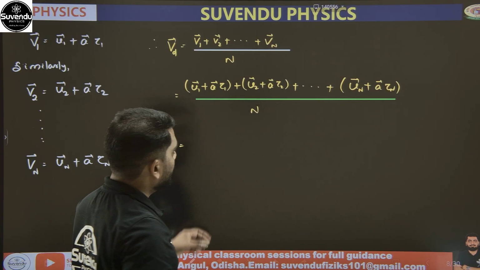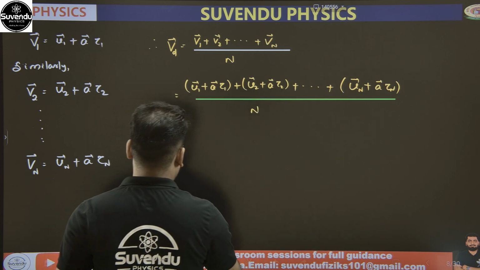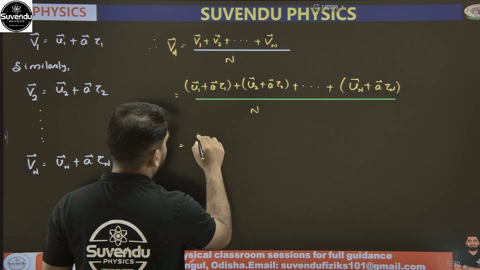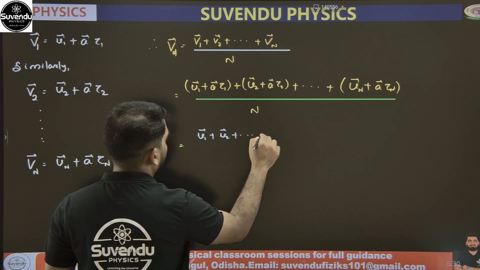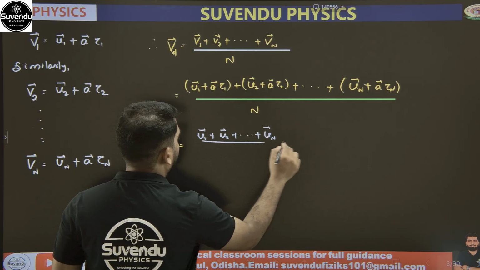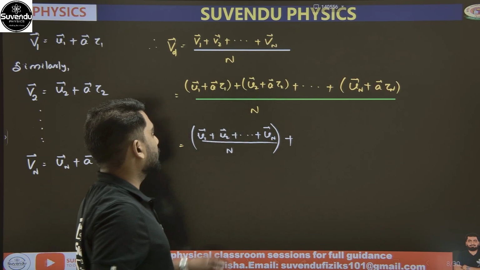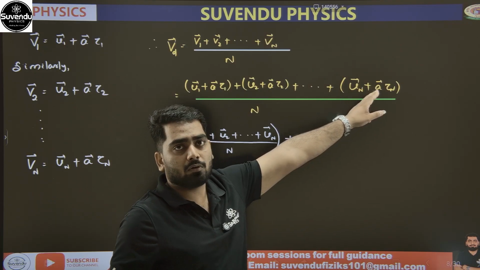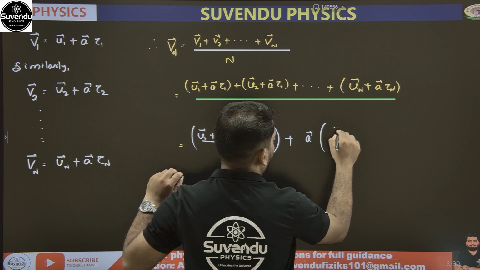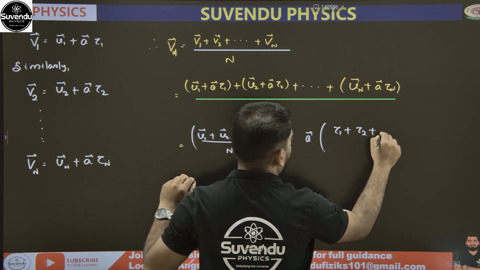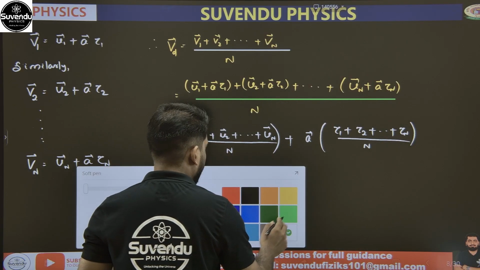Now, a plus b by c we can write as a by c plus b by c. After simplification, splitting the terms: u1 vector plus u2 vector plus dot dot dot plus un vector divided by N, plus a vector tau1 plus a vector tau2 up to a vector tau n by N. The common a vector comes out, so a vector times tau1 plus tau2 plus dot dot dot plus tau n divided by N. What is the value of the first expression?